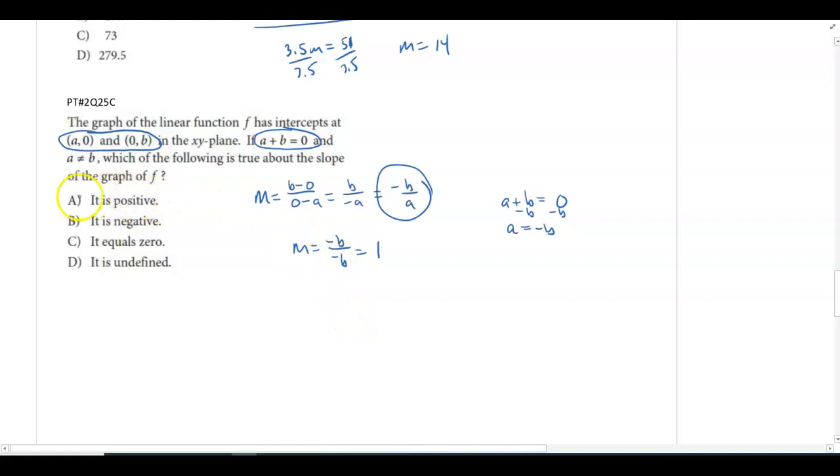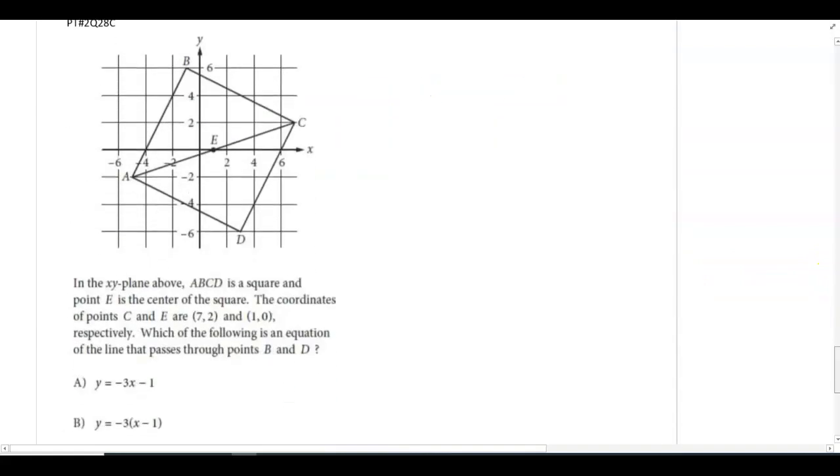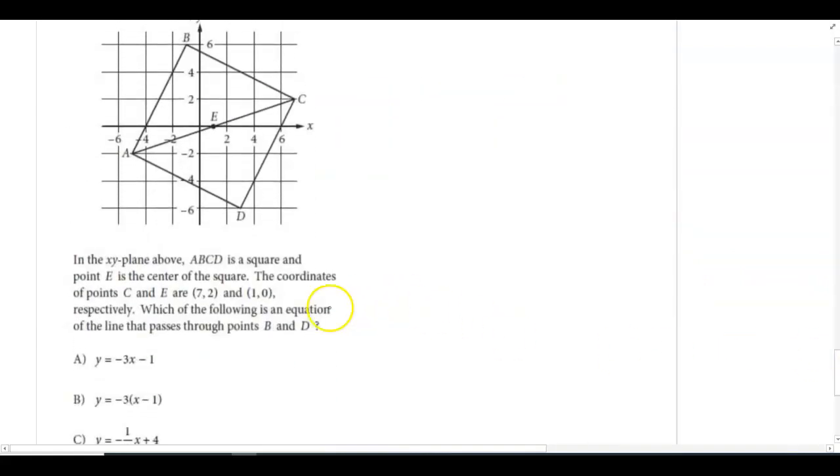And if the slope of this is 1, that's telling you it would be positive. Okay? Again, pretty tough problem, but once you've seen it and you get stuck on something, you don't know an approach, think backwards to things you've done in these videos. Okay? So this one, again, tough problem.